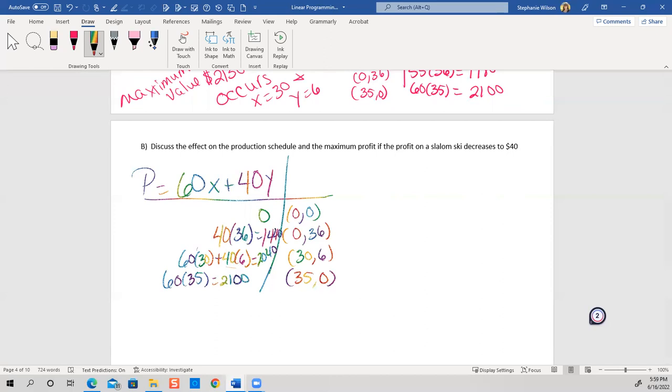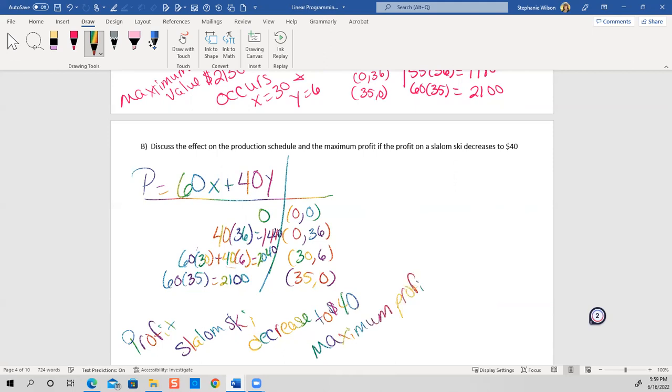So now when we look at it, we see that when the profit on the Solomskys decreases to $40, we have a maximum profit of 2100.